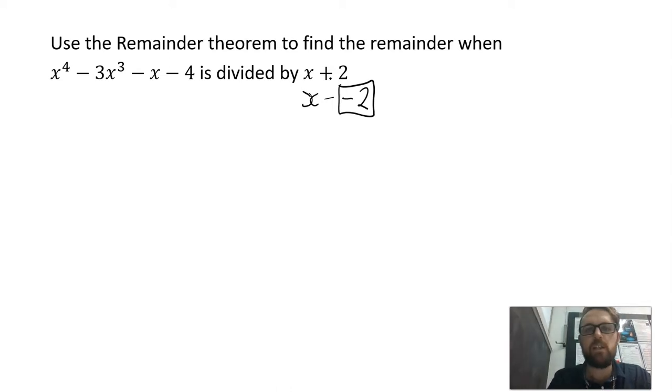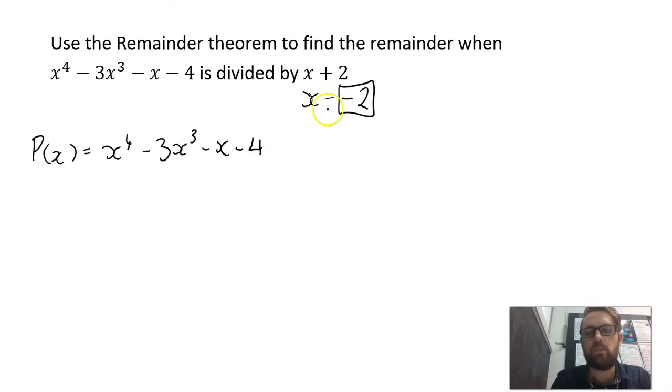All right, so let's call p of x, let's call that x to the power of 4, take 3x cubed, take x, take 4. So if I put in my k now, so p of negative 2, that should give me my remainder, all right, which is negative 2 to the power of 4.